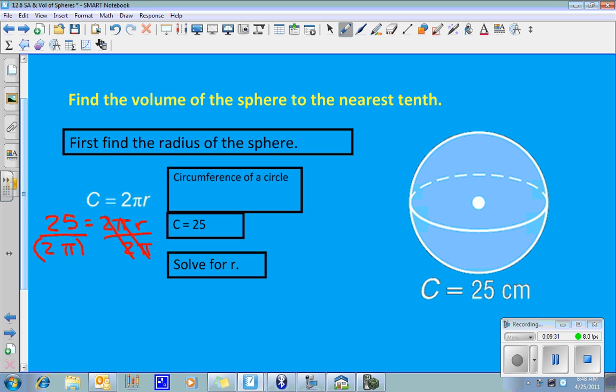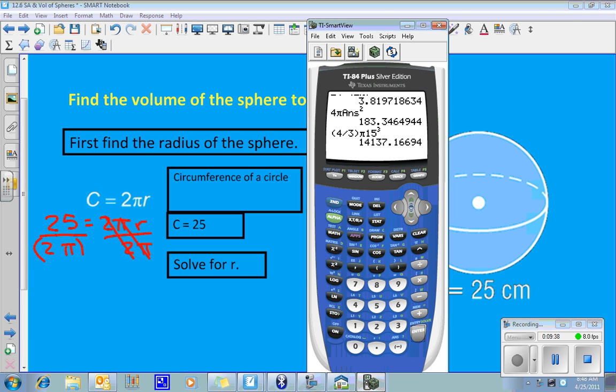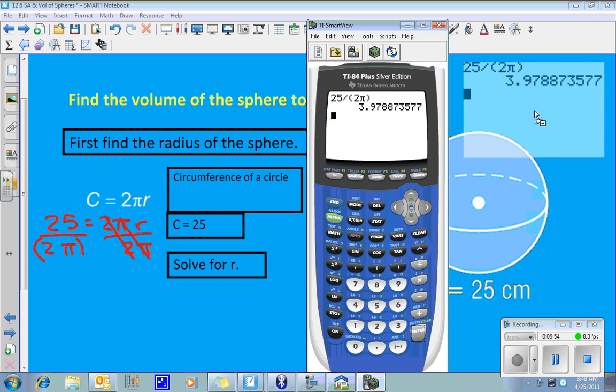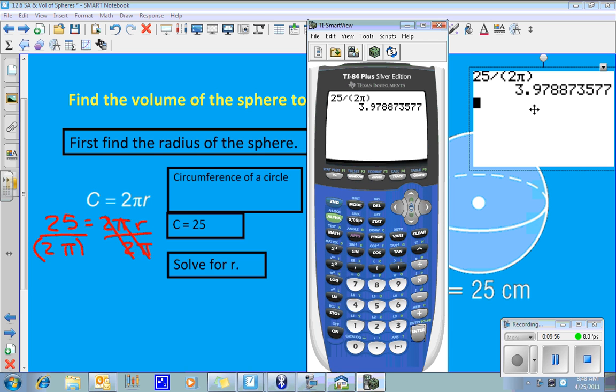Again, remember that if you put that in your calculator, 2 pi has to be inside the parentheses, otherwise your calculator reads it incorrectly. So, 25 divided by parentheses 2 times pi, close your parentheses and hit enter. And that's what you get for your radius. 25 divided by 2 pi is approximately 3.97888.